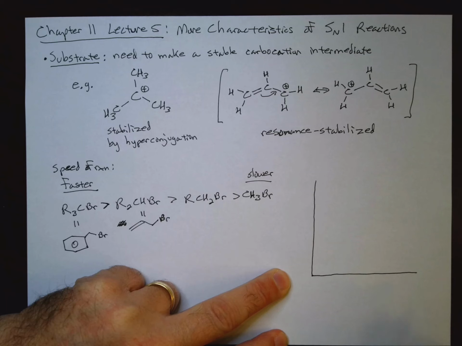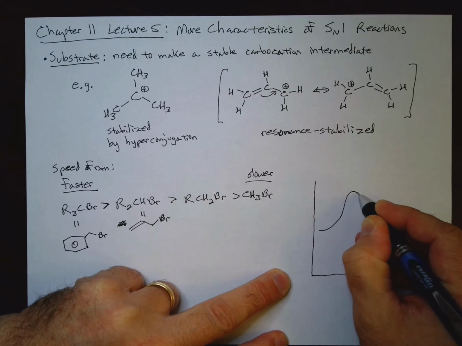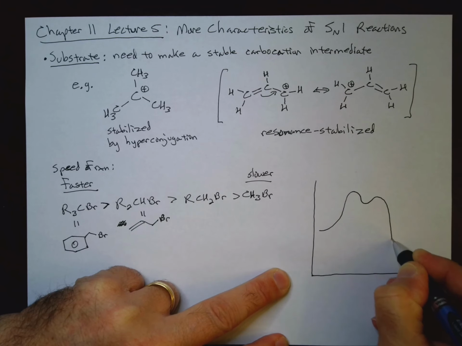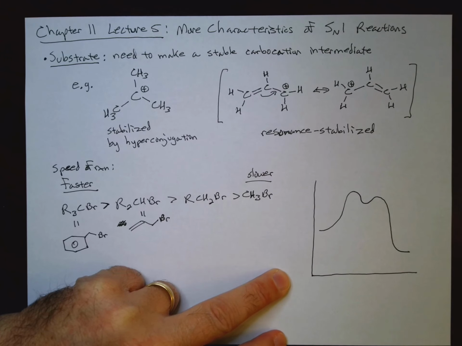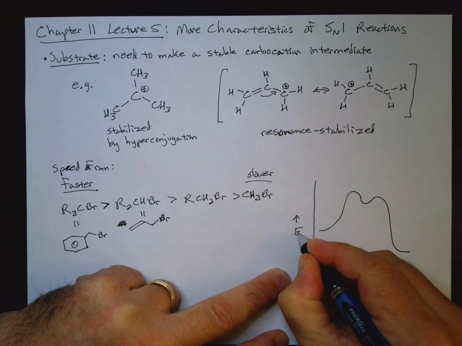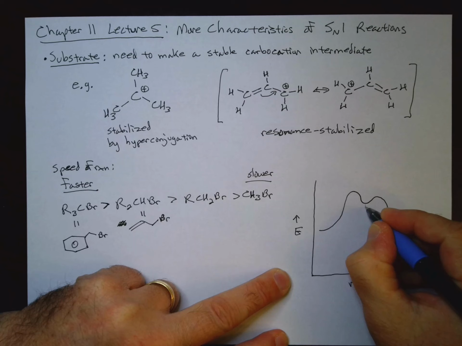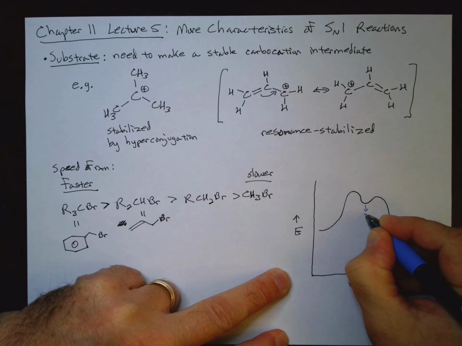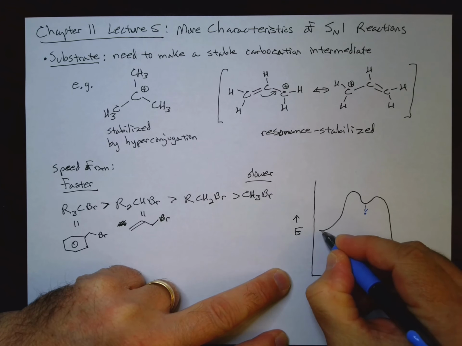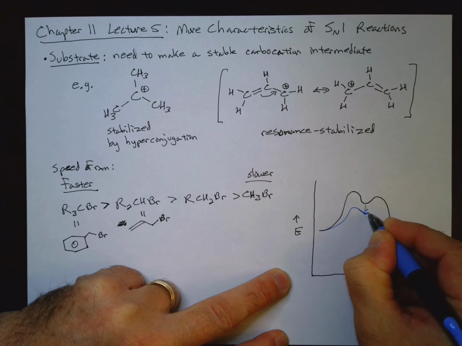And the reason for that is, if we look at our reaction diagram here, and if we had a more stable intermediate, what that means is that the energy required to get to the transition state is less.